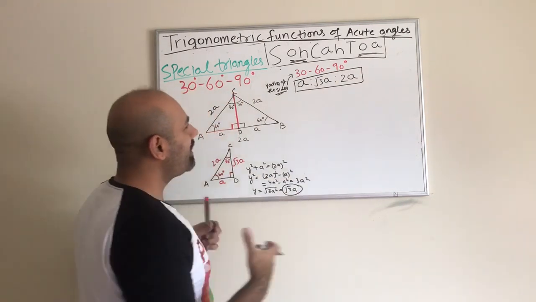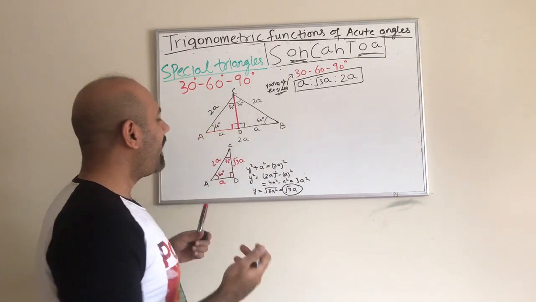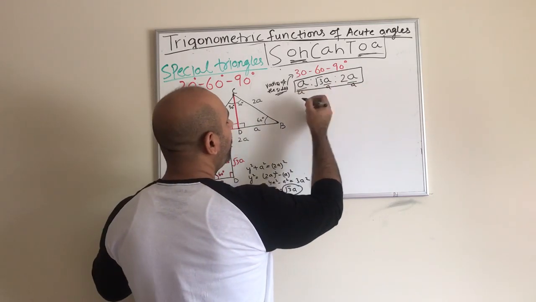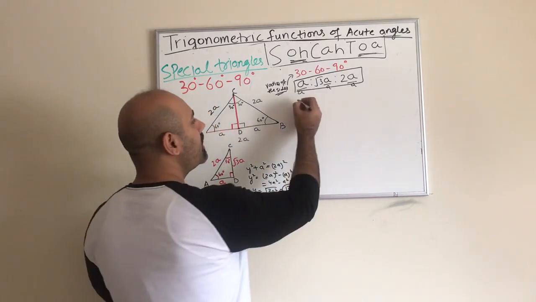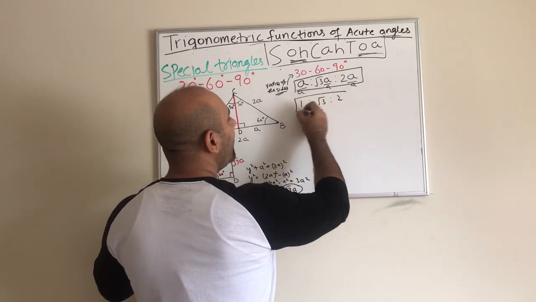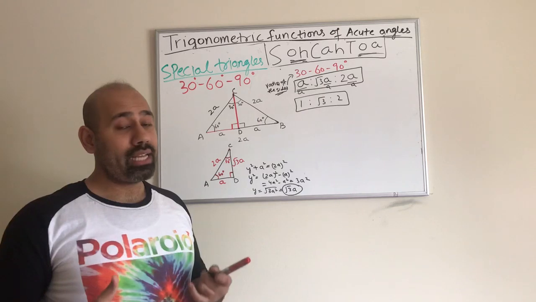But if we want to make it even simpler, then we can divide these three quantities by a, and we've got to divide all three. Guys, then we are going to get a simple ratio, and we like to work with simple numbers. We're going to get 1 is to radical 3 is to 2. And at the end, we want to use this one rather than using a's. We can use a's, there's nothing wrong with it.